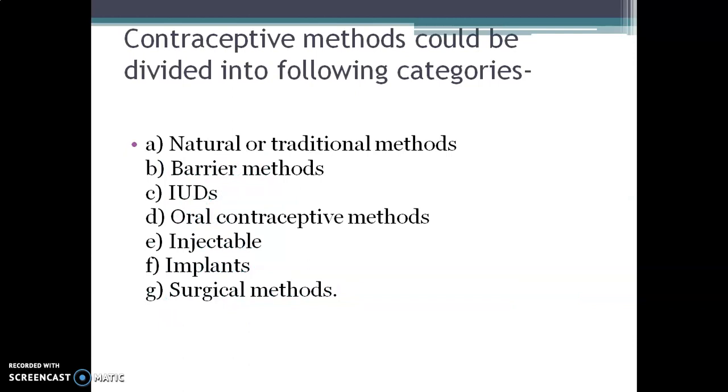So, the important methods are, first one, natural or traditional methods, barrier methods, then intrauterine devices, oral contraceptive methods, injectable methods, implants, then surgical methods. Today, let's discuss the first two, natural or traditional method and barrier method.